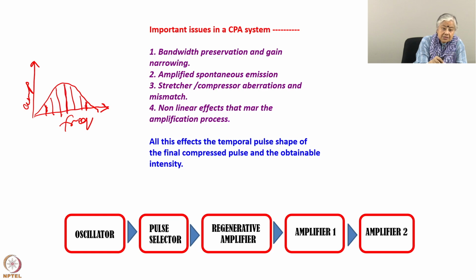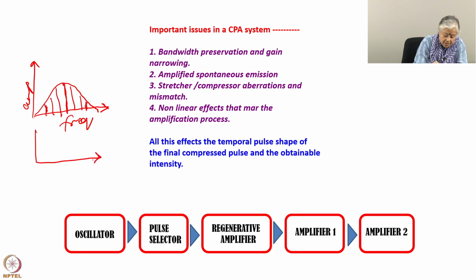So what will happen is, the center frequency, in case of Nd glass it is 1.06 micrometer, in case of titanium sapphire it is 800 nanometer. That is the central frequency. The central frequency will have the best gain, and it will keep growing.